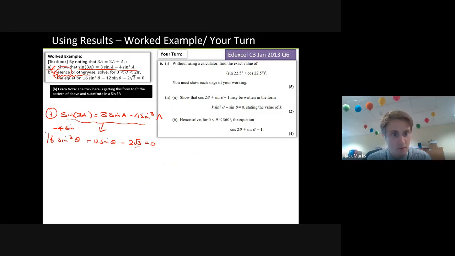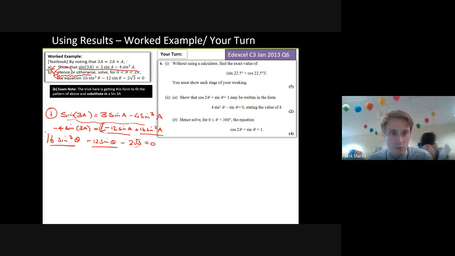So -4 sine of 3a equals, well, that would be -12 sine a plus 16 sine cubed a. So that part's the same, and that part's the same now as well.